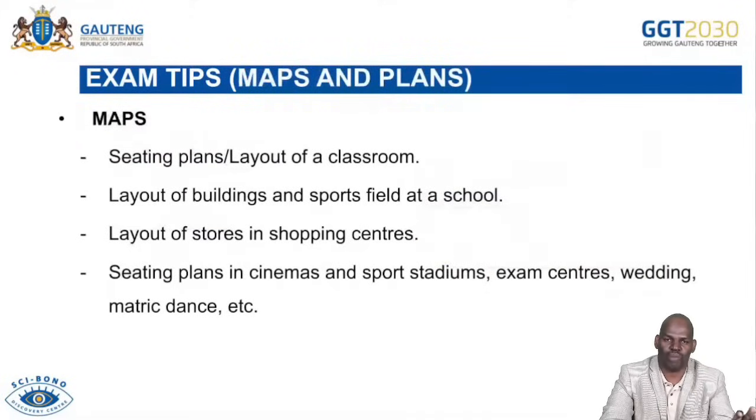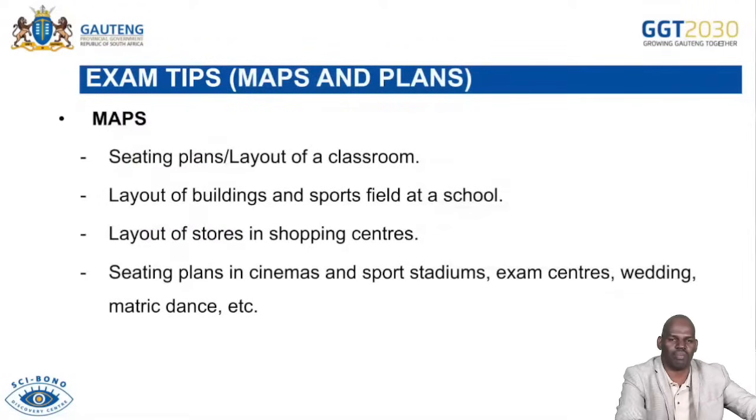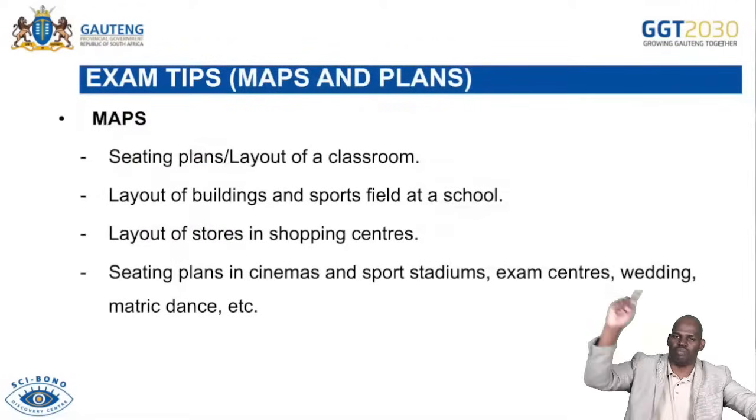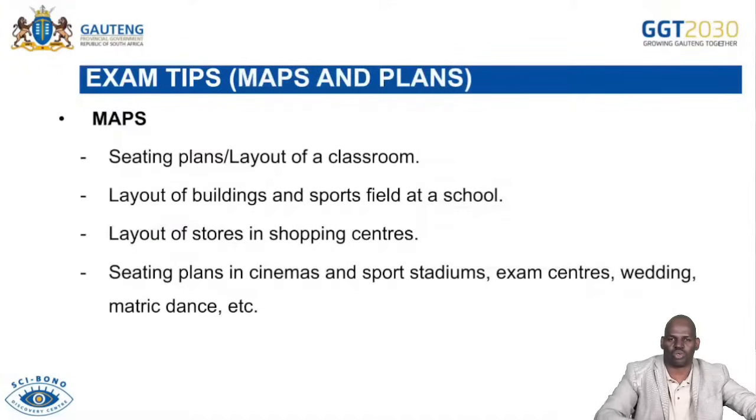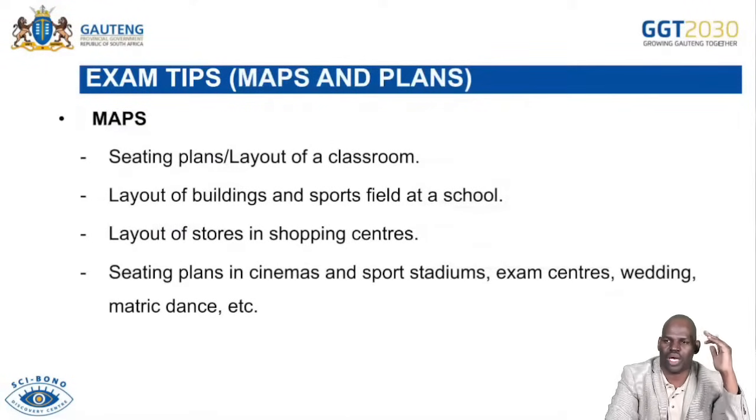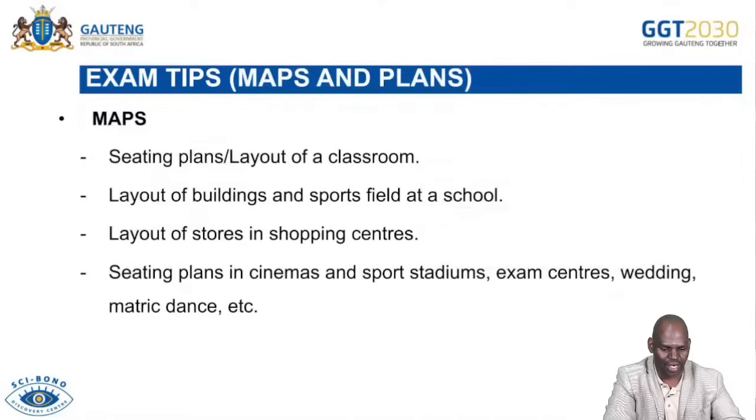Okay, then with regard to maps, remember these are the possible types of maps that you can get. We've got a sitting plan or layout of a classroom. Think about the layout of your classroom. If one wants to move from the table that is in front next to the door and then move straight to the table that is in the far left-hand side corner, how are you going to explain the direction?